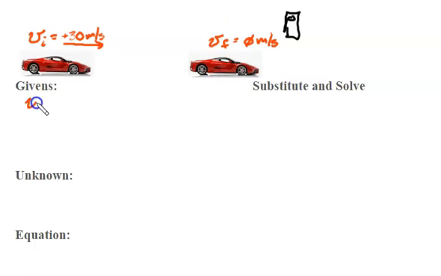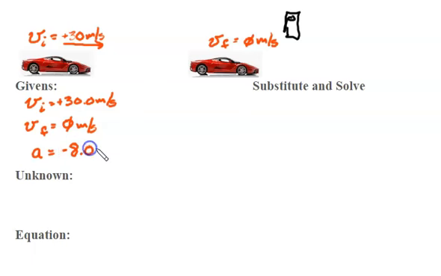So our givens: velocity initial equals plus 30.0 meters per second. Our velocity final equals 0 meters per second. The final thing that the question gives us is acceleration. And they actually say that acceleration equals negative 8.00 meters per second squared.